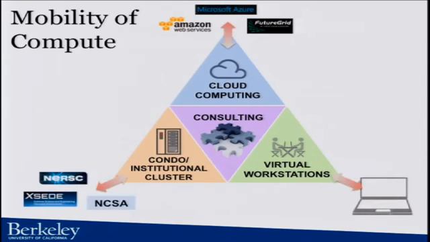In addition, many people are making use of other national and public infrastructure, and we recognize that that's an important piece to recognize. And so a lot of the decisions we make about what we're deploying locally, as well as the consulting that we're doing, is geared towards making it easier and more effective to be mobile across these different environments, and recognize that as you move across the different phases of research, you may go from a workstation to a local cloud out to public infrastructure, or you're using the local cluster to on-ramp to something like XSEDE or NERSC facilities.